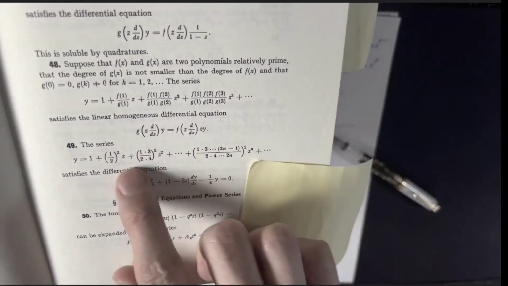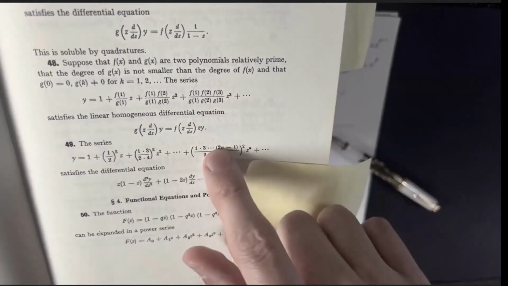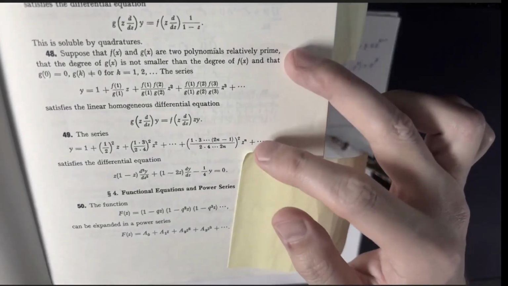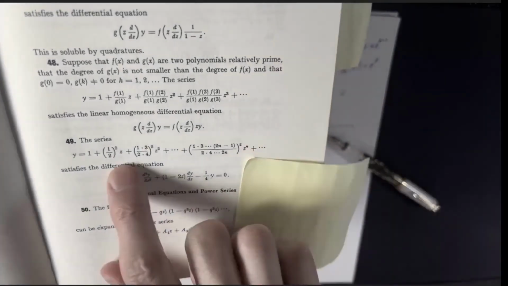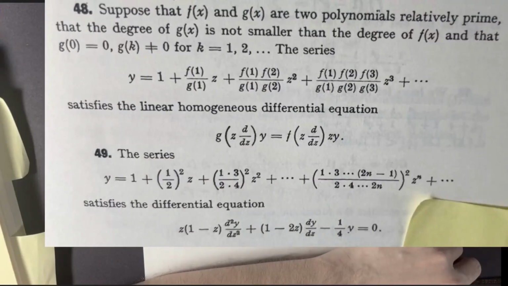And then upstairs we're getting odd powers, so f of 2 is supposed to be 3, f of 3 is supposed to be 5. So obviously we can dream up a pair of functions that do that. They're relatively prime, even. Oh, they're squares. I'm supposed to square those numbers, but you get the idea. It's going to be the same. So 49 is just 48 applied, clearly.